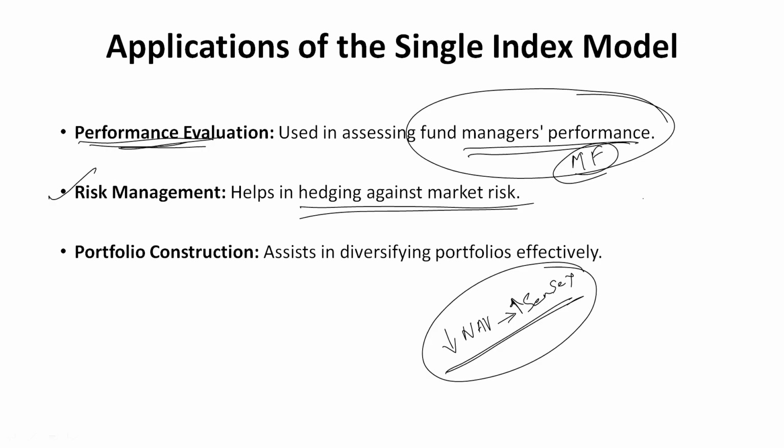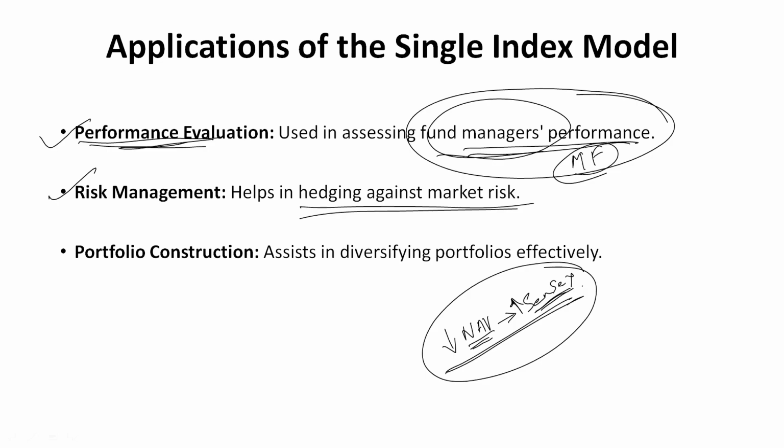Suppose I purchased a mutual fund, and my concern is the NAV of the mutual fund, and I am seeing how my NAV is behaving in relation to the Sensex. If the Sensex is going up and my NAV is coming down, then I would evaluate that my fund manager is not performing in accordance with the requirement of the market. So that is where performance evaluation could be done. I can evaluate various types of funds based upon the single index model in a very simple manner.